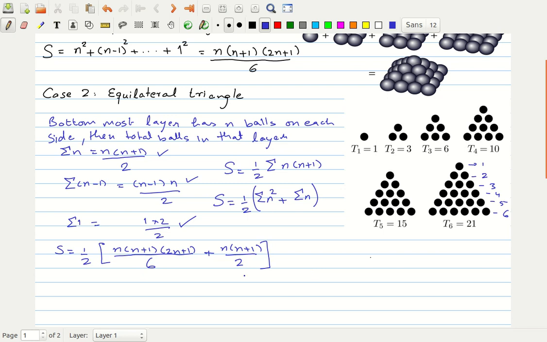So now we can take out n times n plus 1 divided by 6 out. So this becomes S is equal to 1 by 12 n times n plus 1.